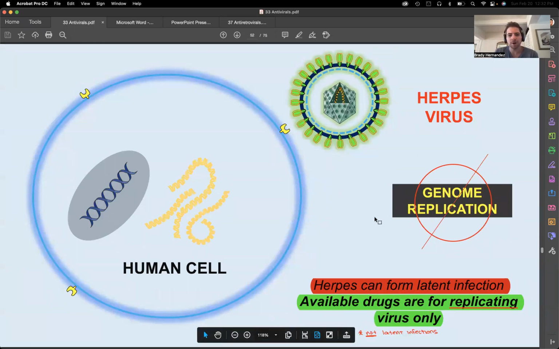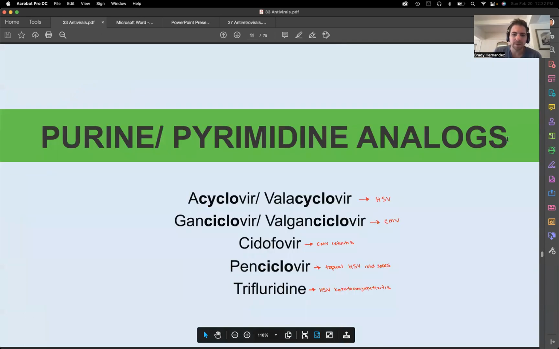All right, now the herpes virus, you can see here, latent infection, you're worried about that as well. But these drugs are only going to work on replicating viruses. I don't know necessarily that's ideal, but if it's latent, it's not really affecting you. So acyclovir is a good one for herpes simplex virus.